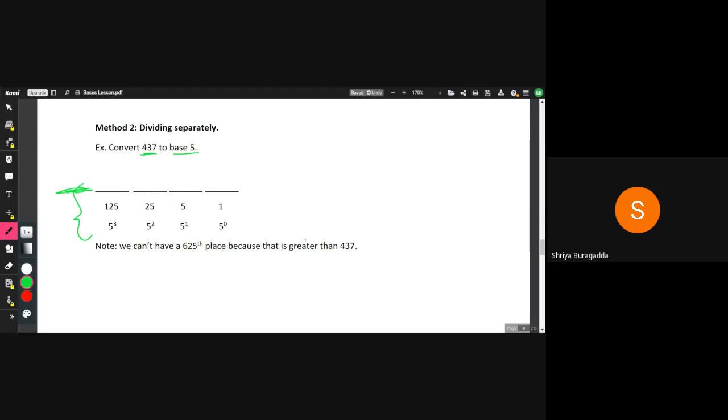First we're going to start by dividing 437 by 125, and that goes into that number 3 times. So that's 375, and that leaves you with 62 left over. This 3 is going to go here.